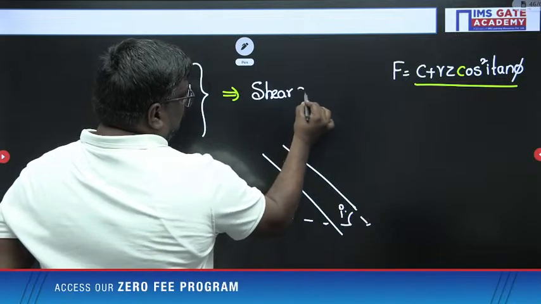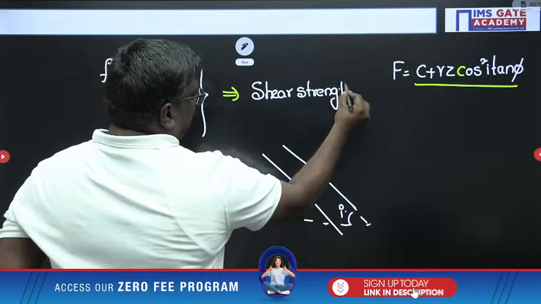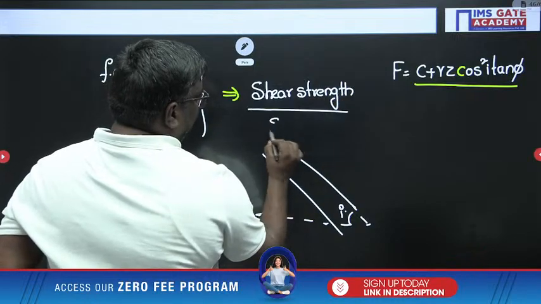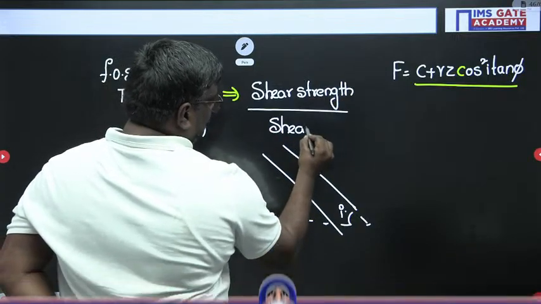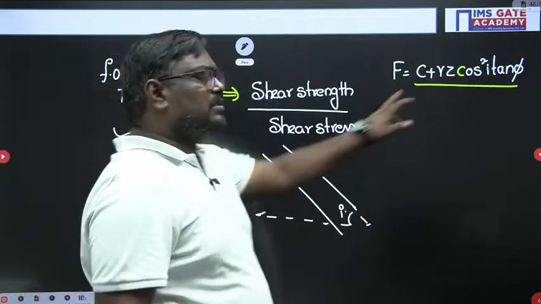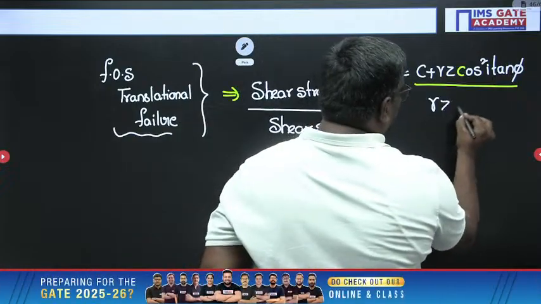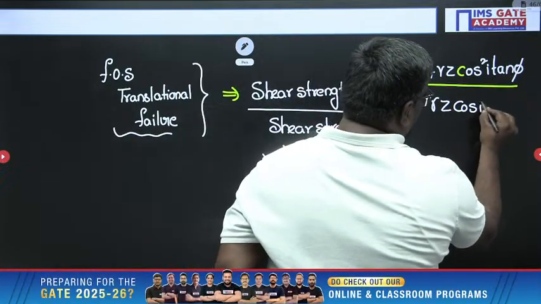Please keep a note of it. So this will be c plus gamma z cos square i tan phi upon gamma z cos i sin i.